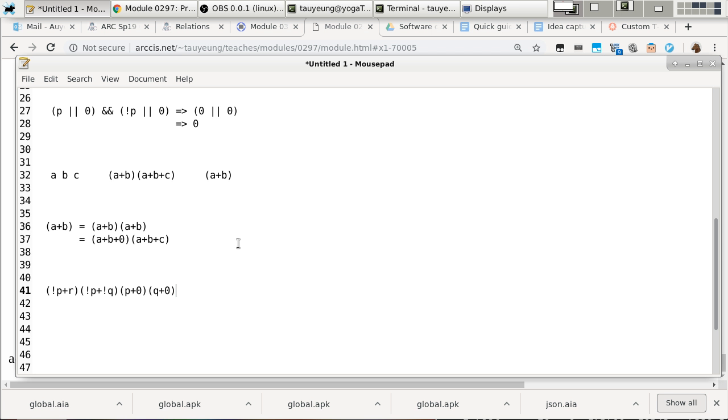So the question is, can we apply resolution here? Can we find two disjunction terms where they share the same variable, on one side it is negated, and on the other side it is not negated? Let me identify which one here. We have a not P here, and a single P here.